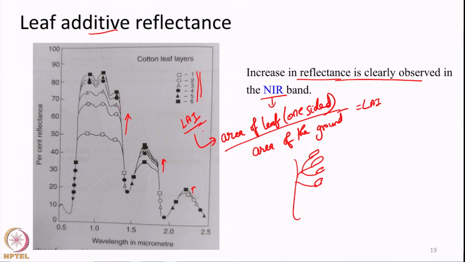As this happens, the reflectance in the NIR portion and also to some extent in the SWIR portion will increase because of this added number of leaves, primarily because the transmitted energy from the leaf at the top acts as input energy to the leaf at the bottom, and the reflection from the leaves at the bottom will add up to the total reflectance observed by the sensor on top of the canopy.